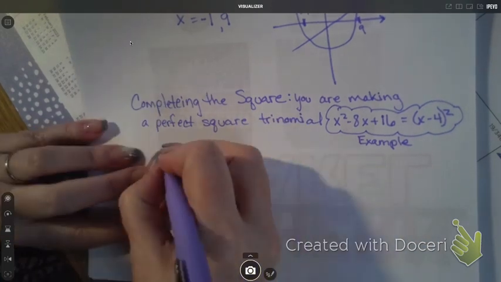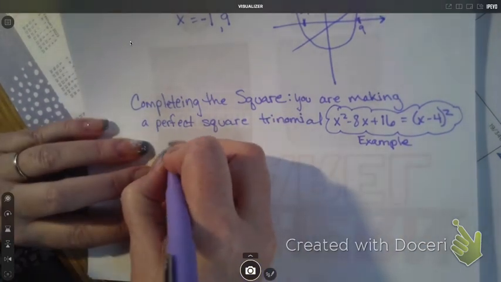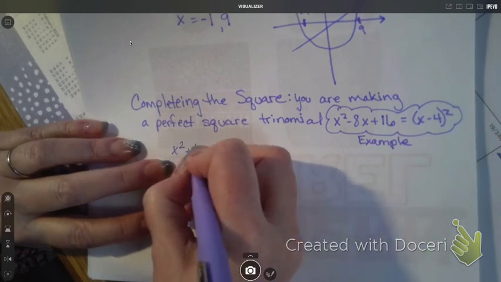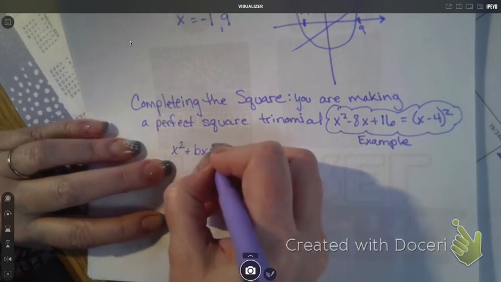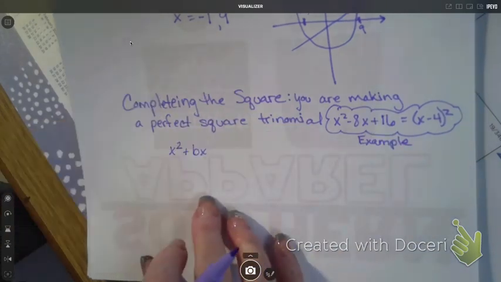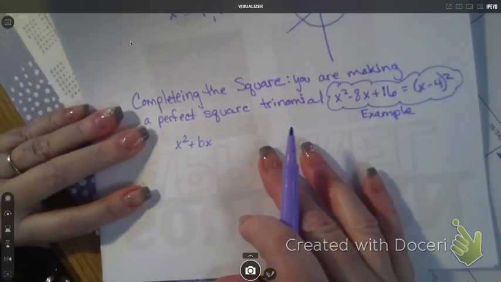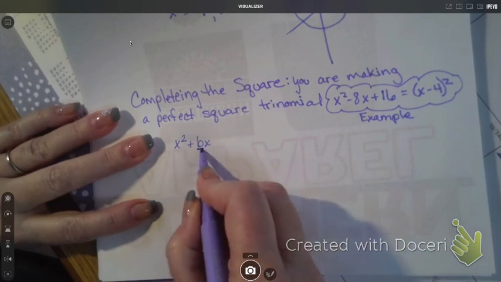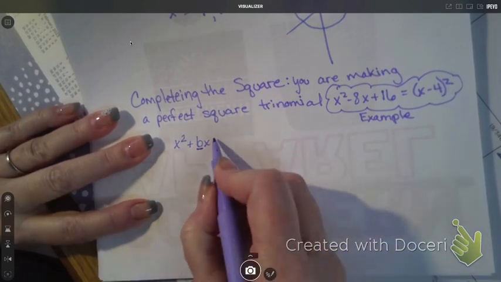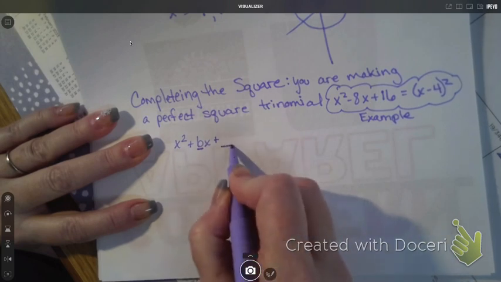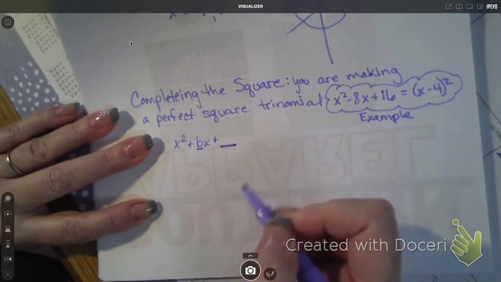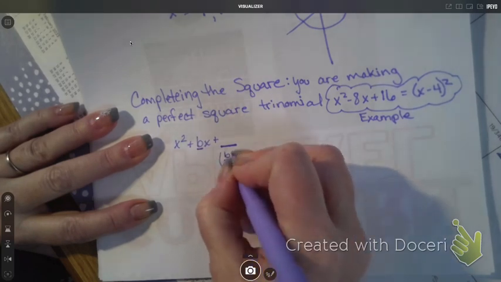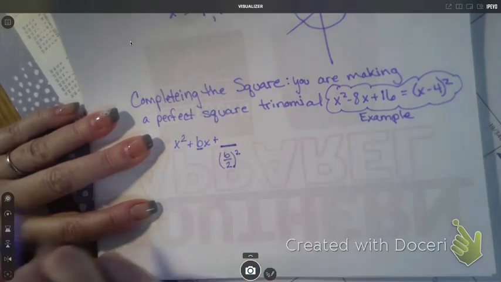So how we are going to do that, we're going to start off with just a 1 for your a, plus bx. So how we are going to do this is you have b right here, yes? Correct. So this space right here is going to be b divided by 2 squared.